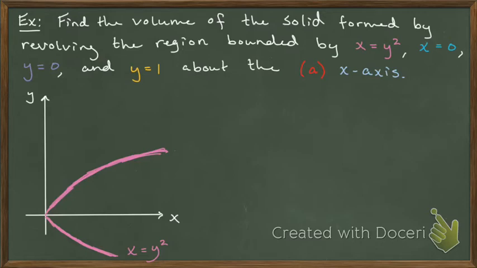And then I should also draw my x equals 0, my y equals 0, and my y equals 1 shows up about right there. So my shaded region is the region that I'm rotating about the x-axis in this case.